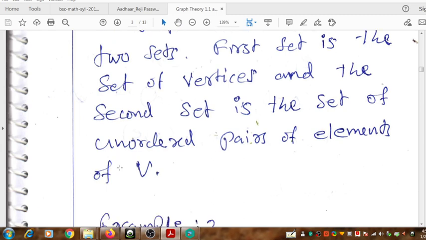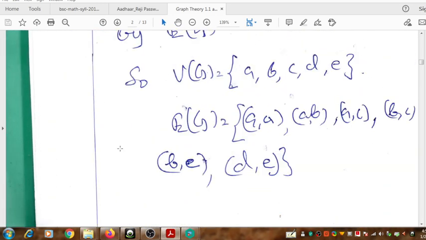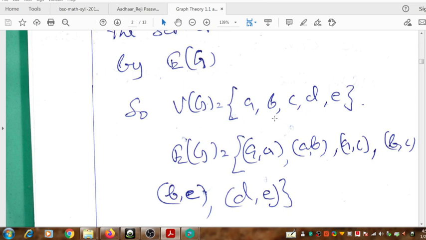If you have two sets, we can make two types of pairs. One is ordered pairs and the other is unordered pairs. What's an ordered pair? If A and B are two elements of a set, using these two elements you can make an ordered pair AB. If somebody writes BA, that will be different from AB in the case of an ordered pair, because the order of the elements in that pair is very important.